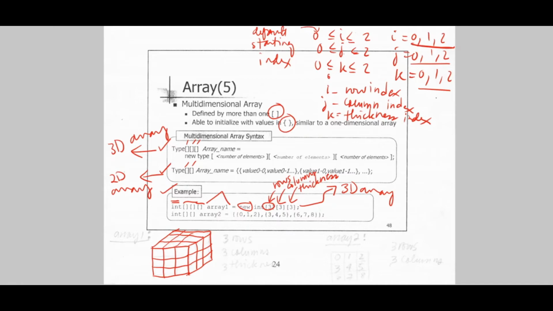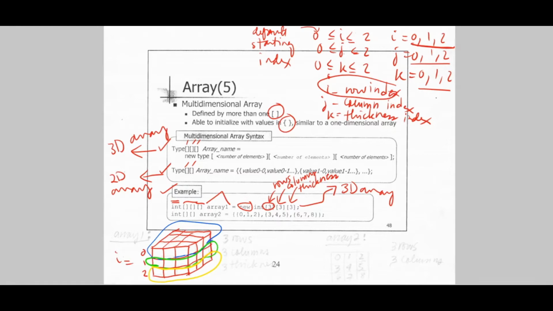Since i is the row index, i would be equal to 0 in here and 1 and 2 in here. If you cut this part here, then the top part is the first row, or when i is 0, and when you cut this part here, the middle part, which is this, is the second row, or when i is equal to 1, and the bottom row is the third row, or when i is equal to 2.